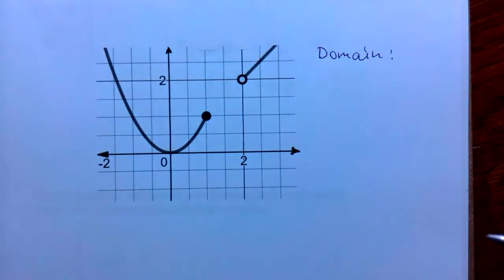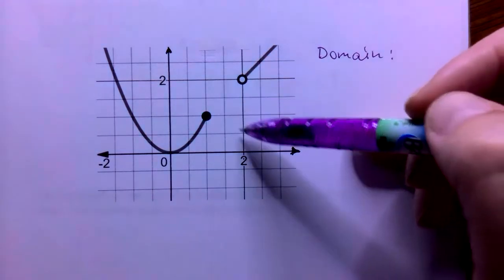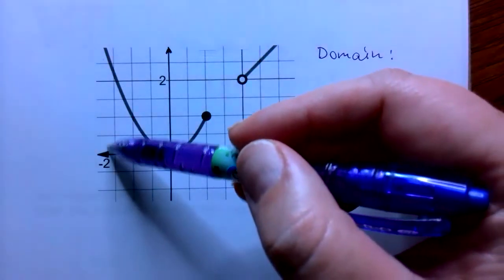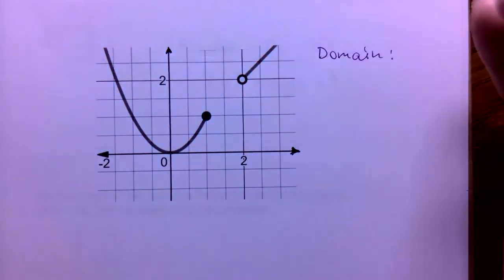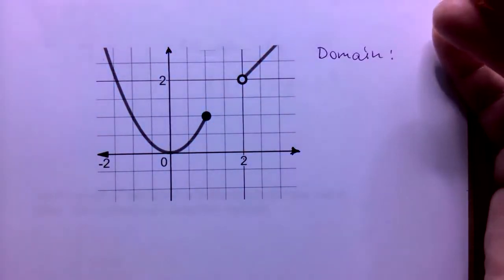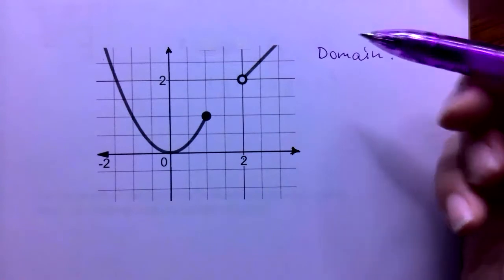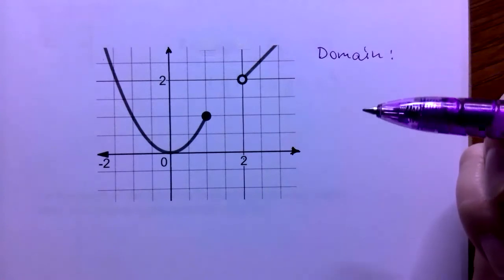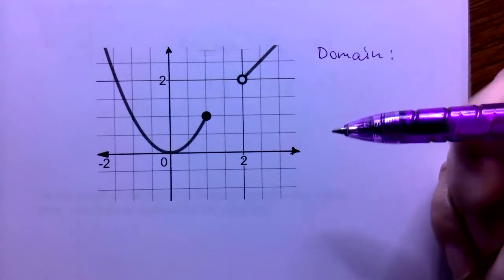First of all, what I want to mention is that sometimes students assume that the function goes only for the shown window, right? And that it stops there. But it's actually not always the case. A lot of functions will continue indefinitely, okay?